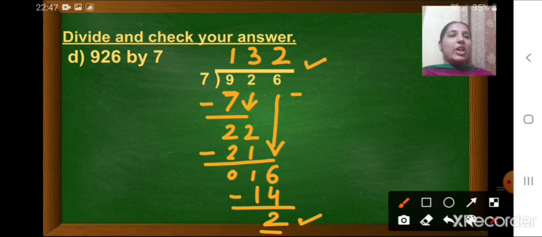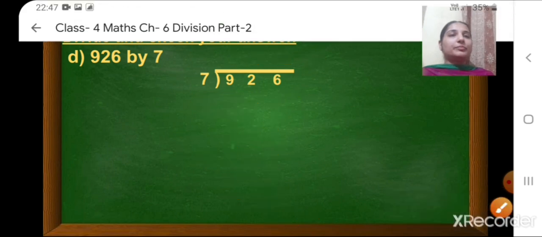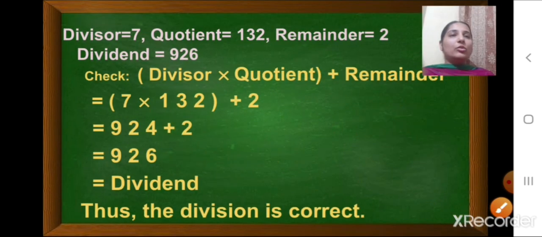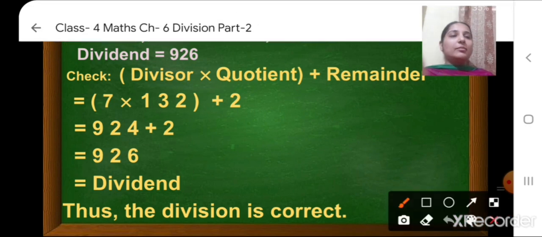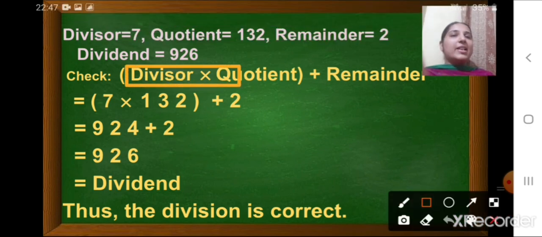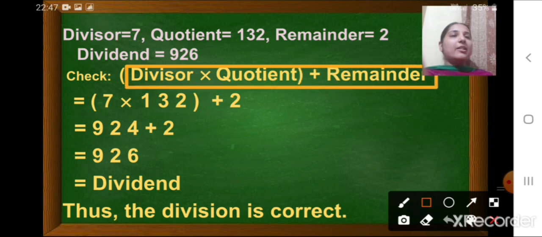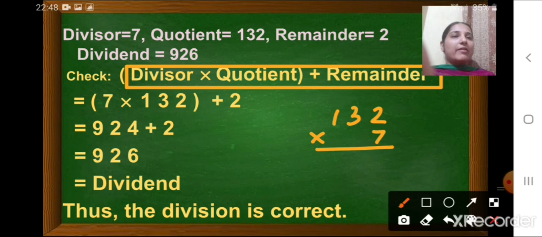So now let's check with this quotient and remainder. To check, we'll multiply the divisor by the quotient and then we'll add the remainder to it. So our quotient was 132 and divisor was 7. So let's multiply 132 by 7. 2 7s are 14, 1 will be carried over. Now 3 7s are 21, plus 1 added to it, 22.